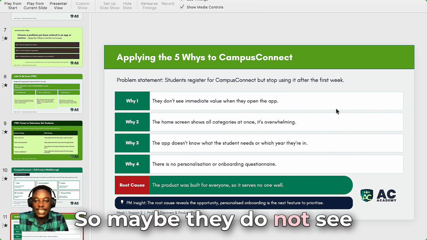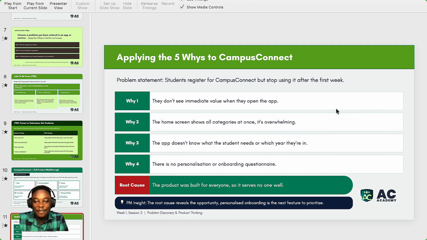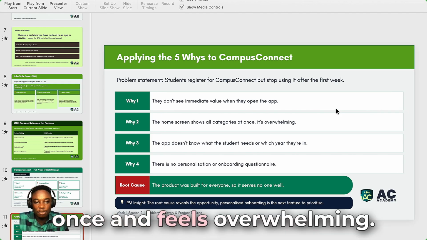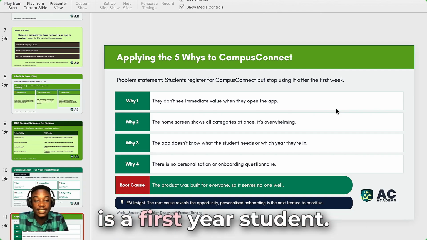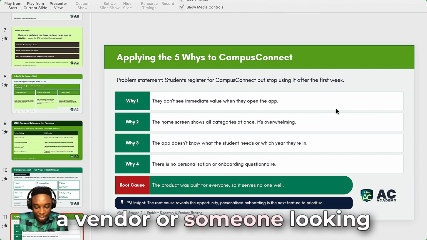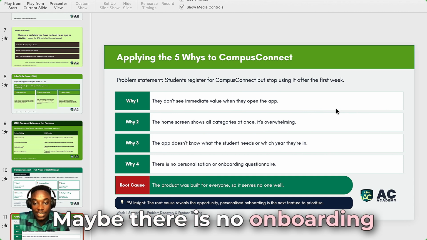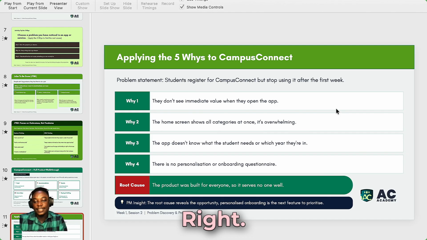Maybe they do not see the immediate value when they open the app. Maybe the home screen shows all categories at once and feels overwhelming. Maybe the app does not know whether the student is a first year student, a final year student, a vendor, or someone looking for events. Maybe there is no onboarding questionnaire or personalization, right?